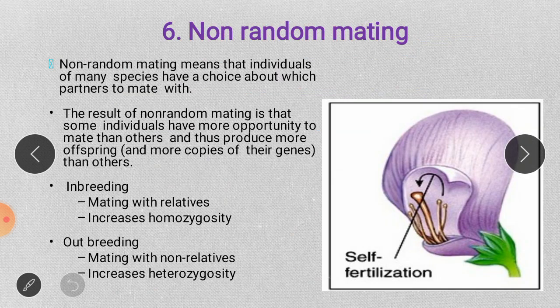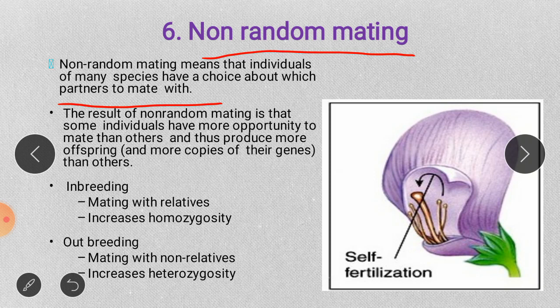Then the next factor is non-random mating. Non-random mating means that individuals of many species have a choice about which partner to mate with, and due to this, individuals may share a common parent in the ancestry, which is called inbreeding.